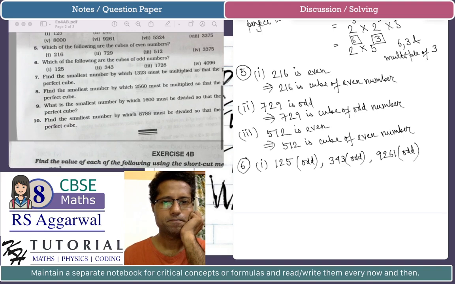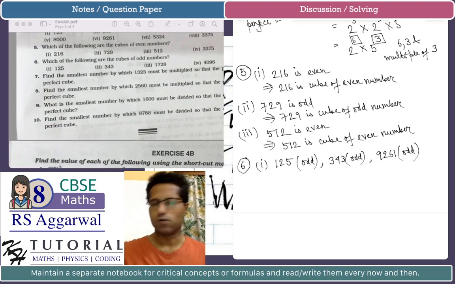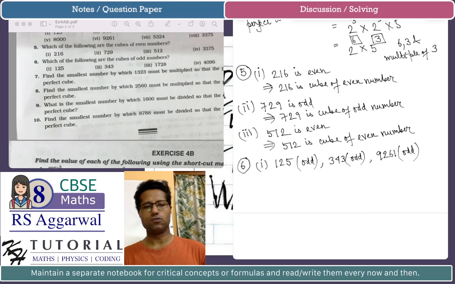But let me do two more problems regarding how to find the smallest number by which a given number must be multiplied to make it a perfect cube, and the smallest number by which a given number must be divided to make it a perfect cube. For that, let me take some examples from the book.